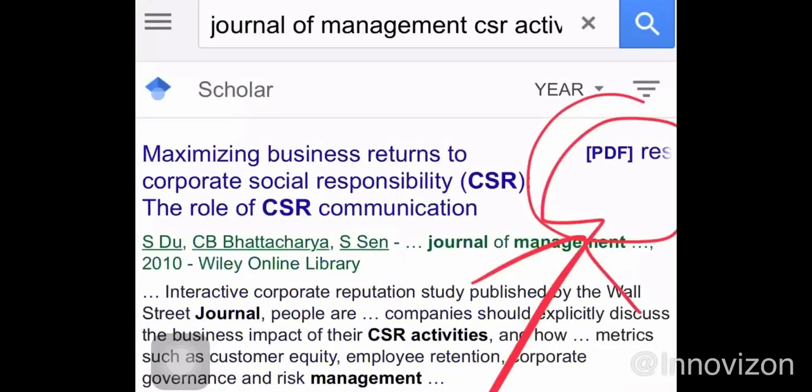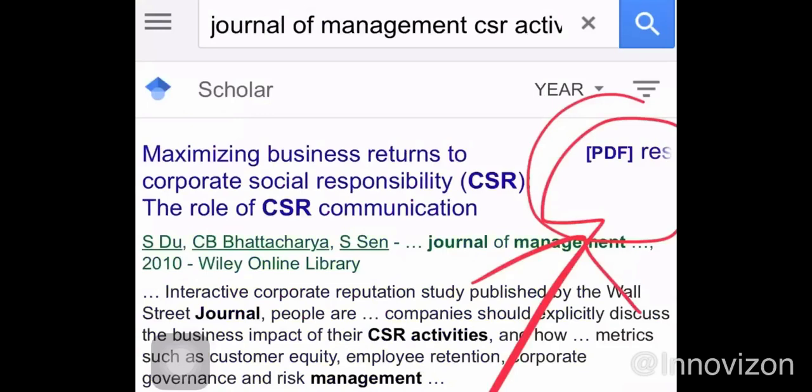Now, this is an alternate way to search for free articles online. So in the search bar of Google Scholar, you will just put Journal of Management, which is the journal that I chose, and then look for the topic that you have chosen. In this case, I put CSR activities.